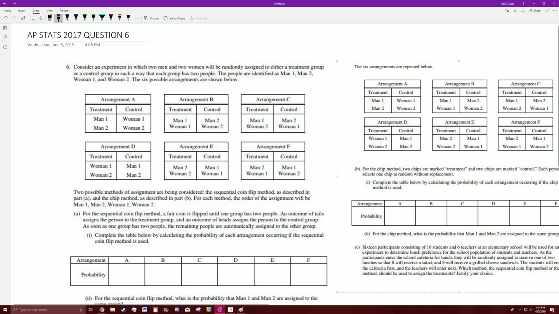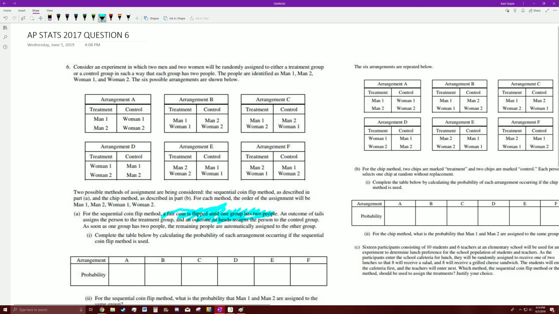Okay, here we go. Part A. For the sequential coin flip method, a fair coin is flipped until one group has two people. An outcome of tails assigns the person to the treatment group, and an outcome of heads assigns the person to the control group.